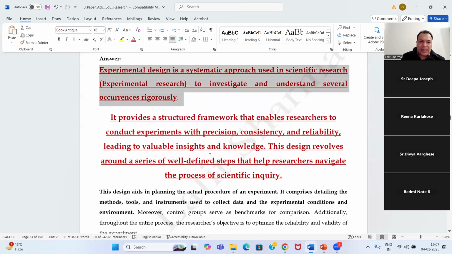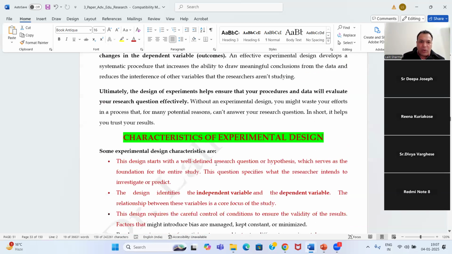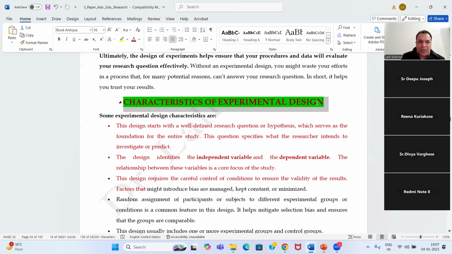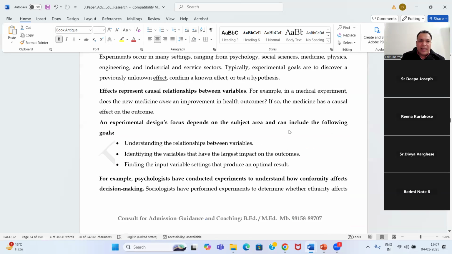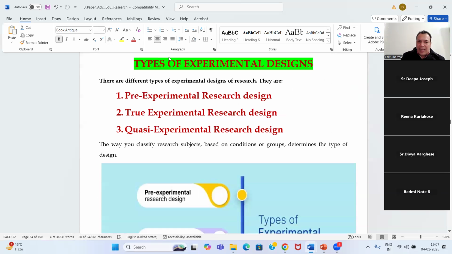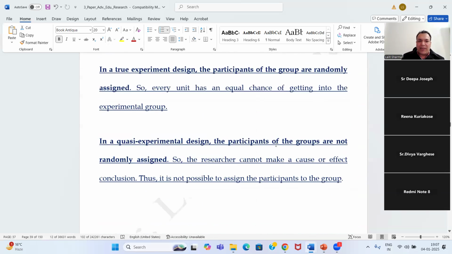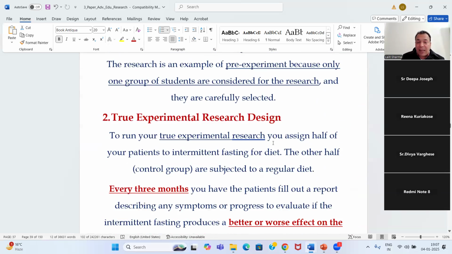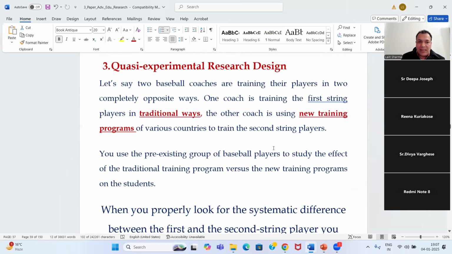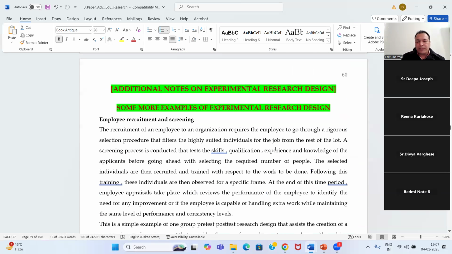So first, experimental design is given, ये देखो सारा का सारा whole of. Then characteristics of experimental design, right? Then types of experimental design, pre-experimental, true and quasi-experimental design, right? Then with the help of examples, right? So example you have to write.